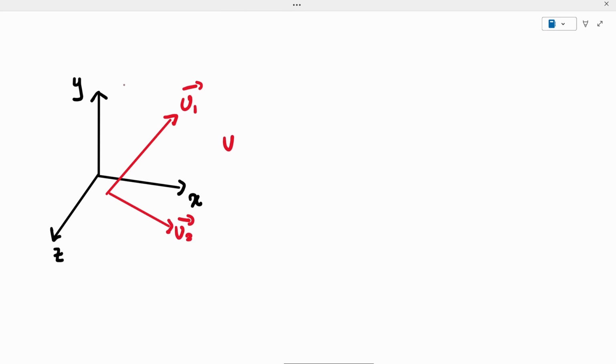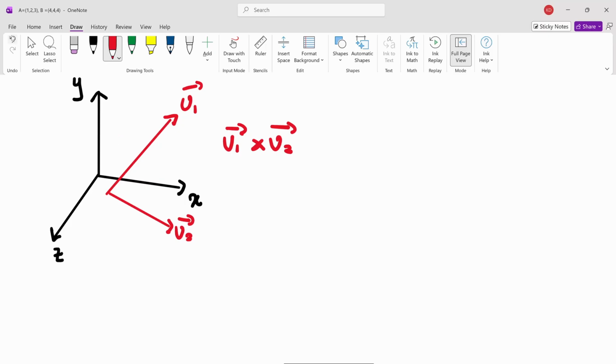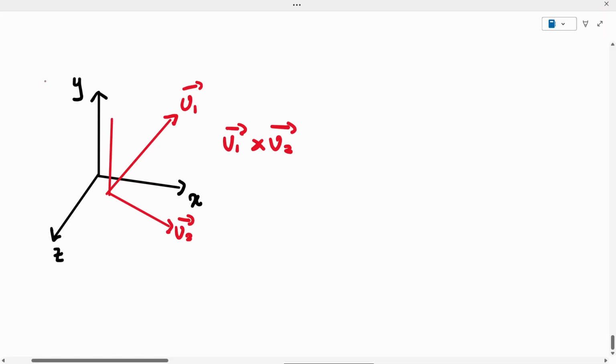Then the cross product of v1 and v2 produces a vector that is perpendicular to both of these vectors, right? It'll form 90 degrees here and 90 degrees with v1. So we'll call this n. So the cross product gives us a vector perpendicular.